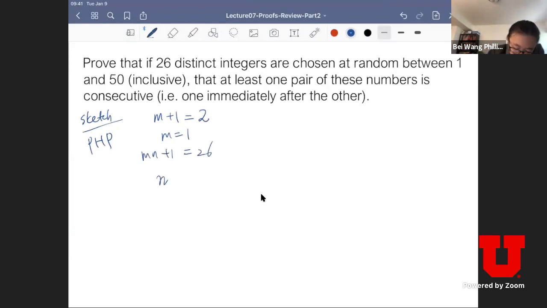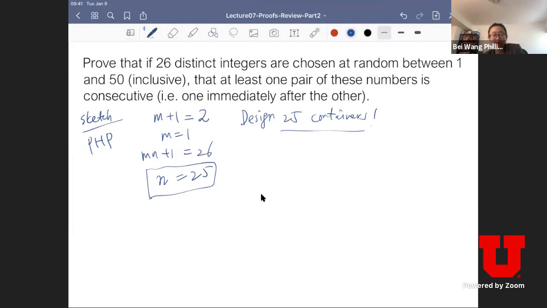Then if I solve, n is equal to 25. So you need to design 25 containers. Okay. And then there's one property from this problem statement we haven't used, which is that we want the integers that fall into the same container to be consecutive.